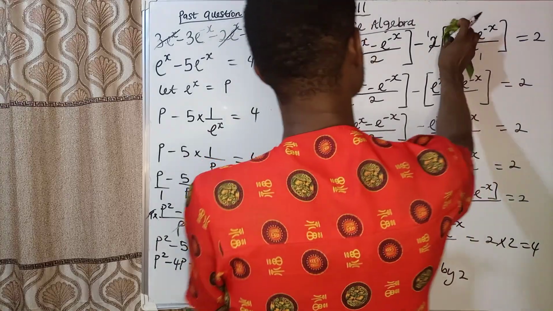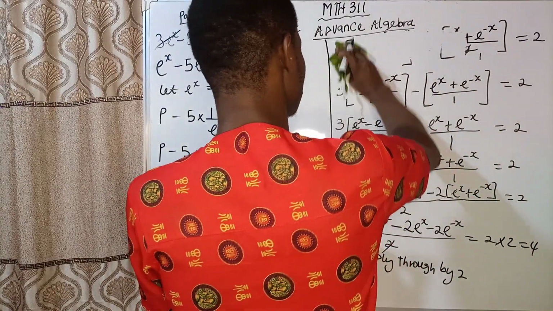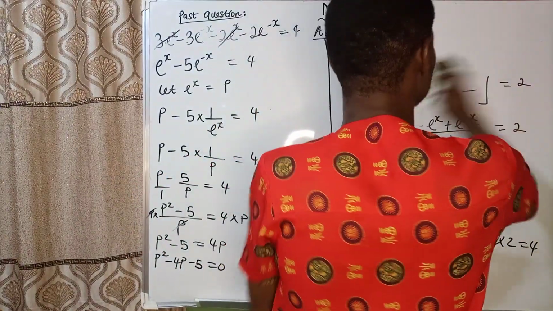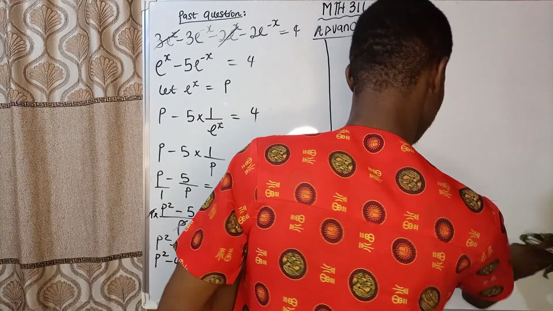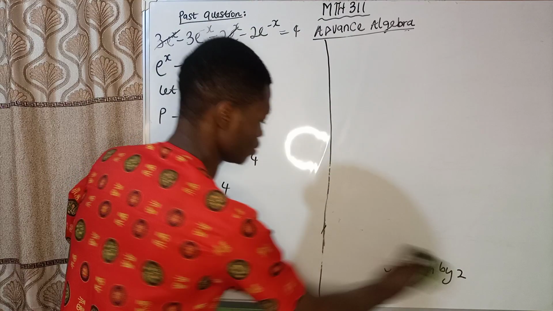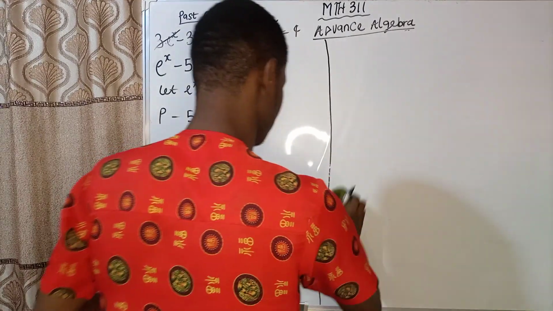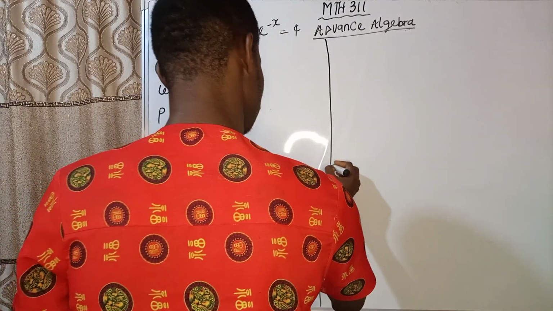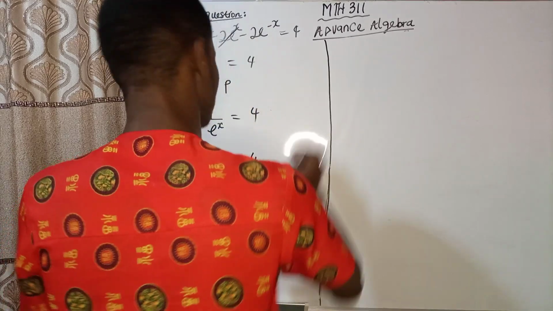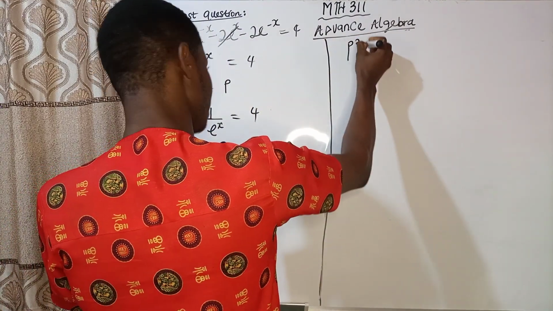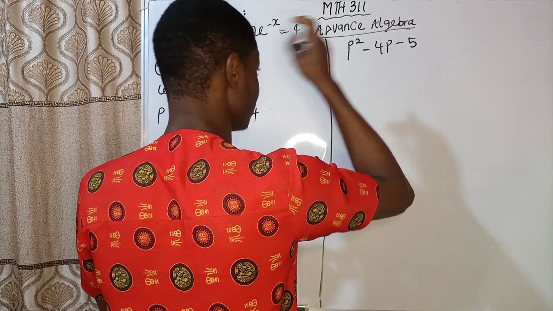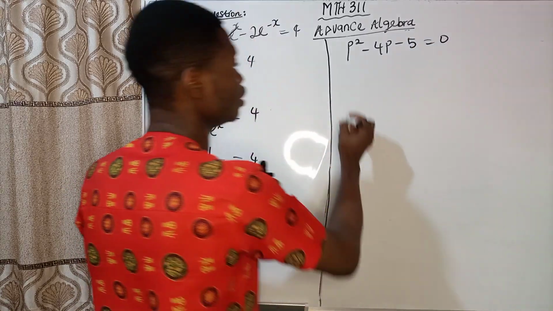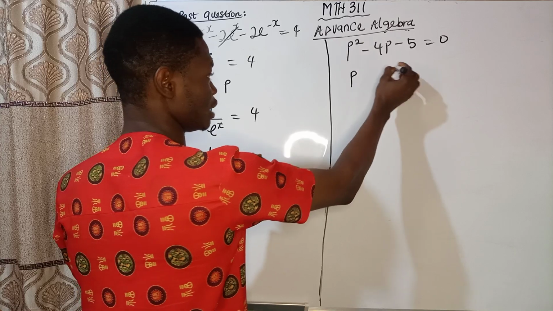Let's clean this side. So let's start. Let's rewrite this: p squared minus 4p minus 5 is equal to 0. Let's use the scissors method and get the factors.